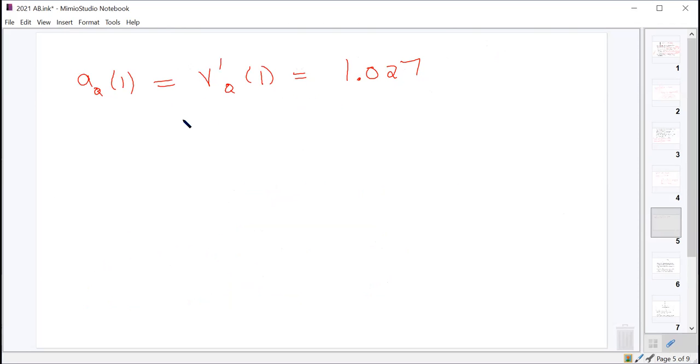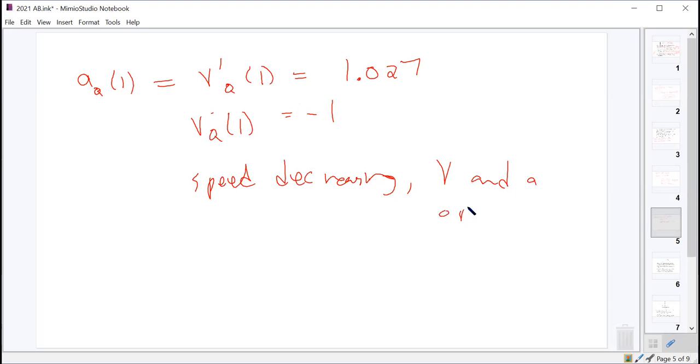And then we had to look at the velocity of q at 1, which we already determined was the one that was -1. And so if the acceleration is positive, but the velocity is negative, then the speed must be decreasing, and the reasoning would be v and a have opposite signs. Easy enough? Everybody good there?